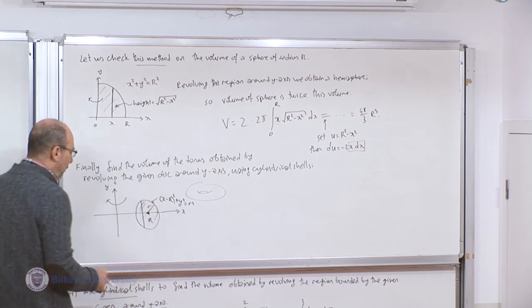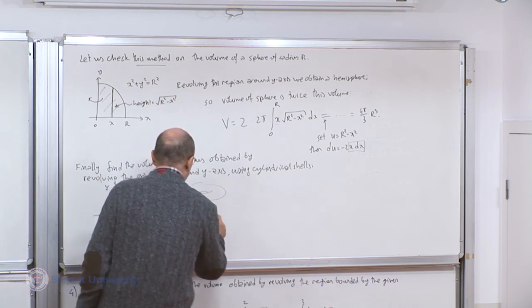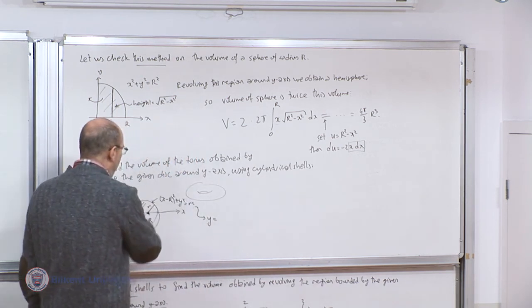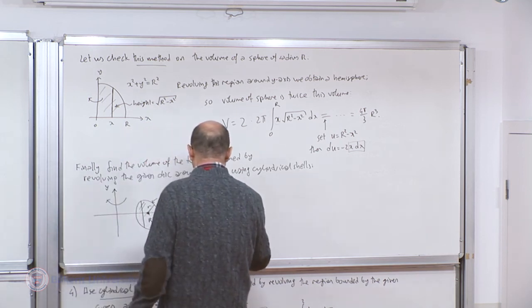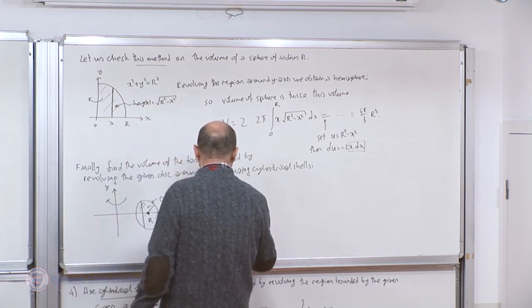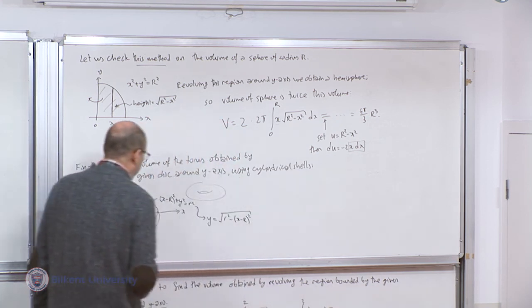Okay, so that's the equation. Then this height, you have to solve for this height. Height is y, so y is equal to the square root of r squared minus (x minus R) squared.